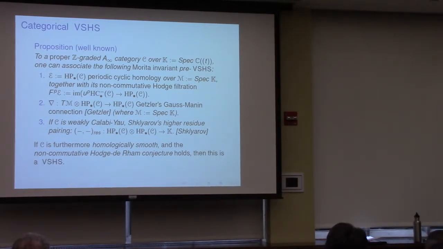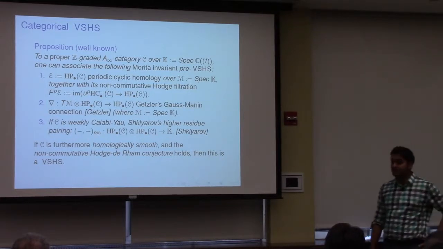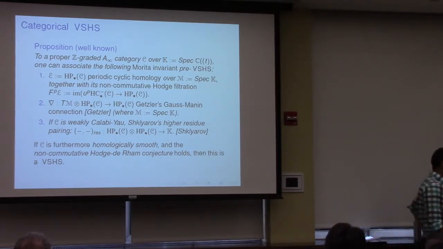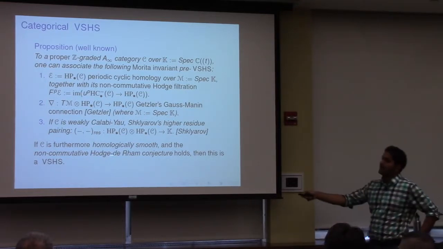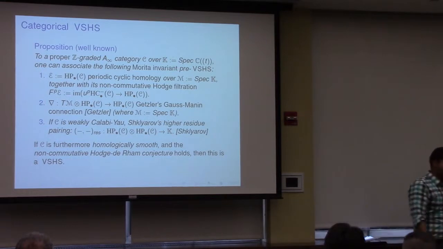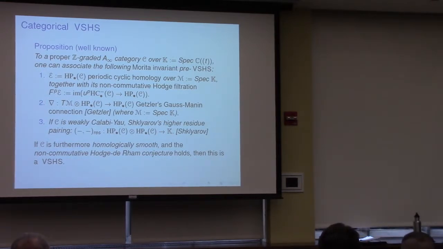But if you're interested in this actually being a variation of Hodge structures as opposed to a pre-variation, the category must be homologically smooth and the non-commutative Hodge-de Rham conjecture must hold, which is to say a certain non-commutative Hodge spectral sequence degenerates. Then this is actually a variation of semi-infinite Hodge structures.